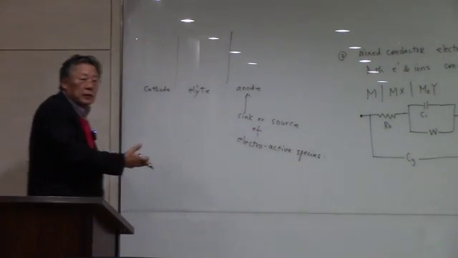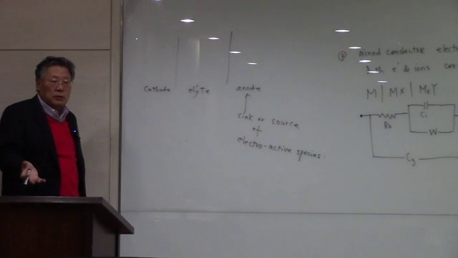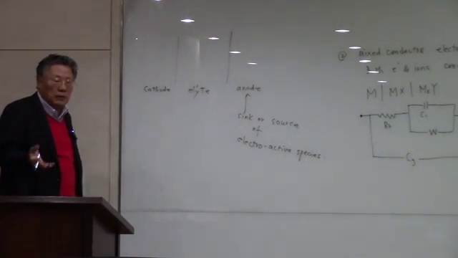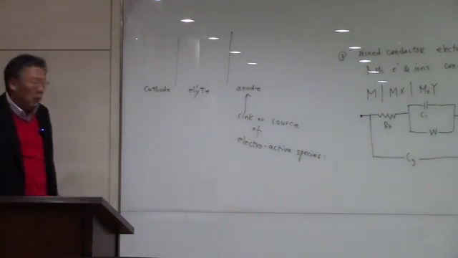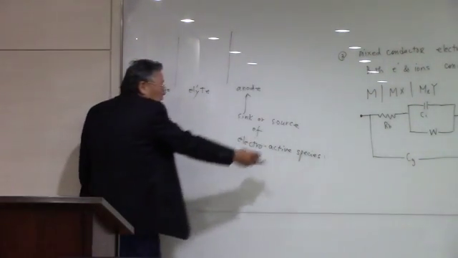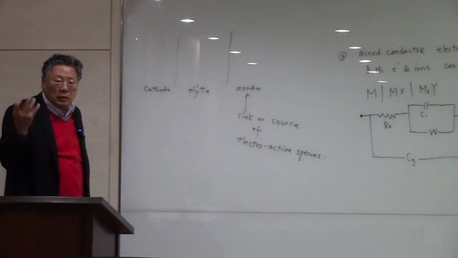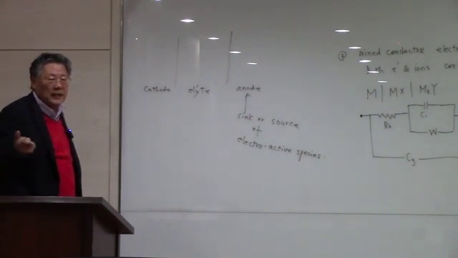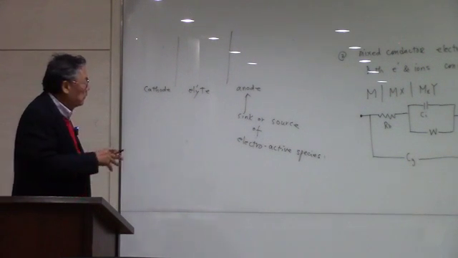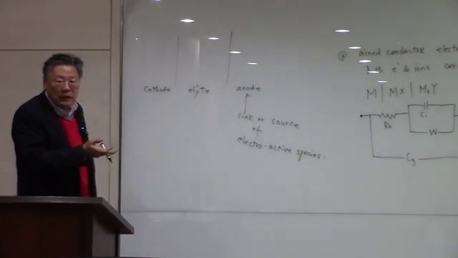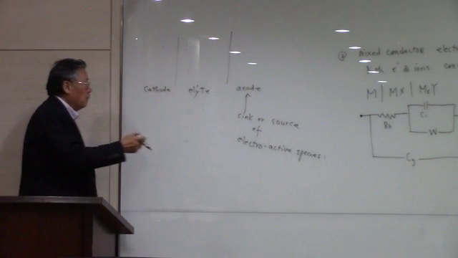It is nothing but the sink or source of electroactive species. For example, if you are talking about lithium batteries, then this anode is just a lithium source or lithium sink. Nothing but just a sink or the source of lithium.